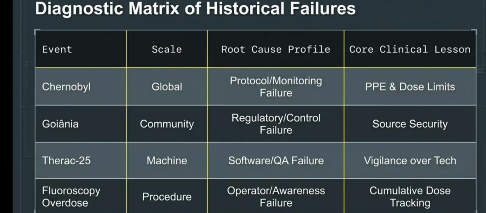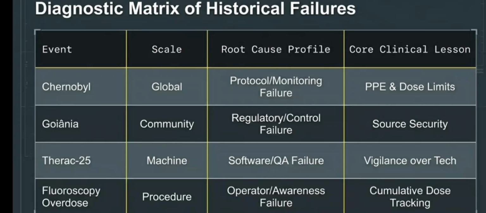Finally, zooming into the procedure scale, we encounter a risk seen in hospitals worldwide: overexposure during prolonged interventional fluoroscopy. Here, operators often remain unaware of the cumulative dose building up over time.